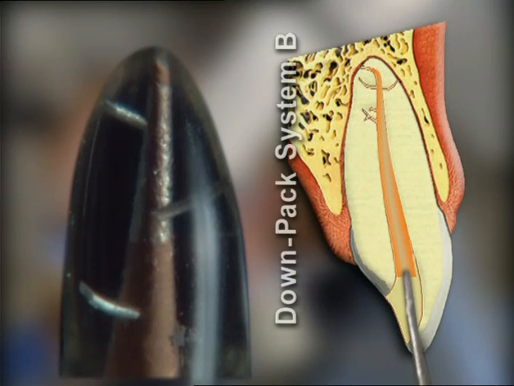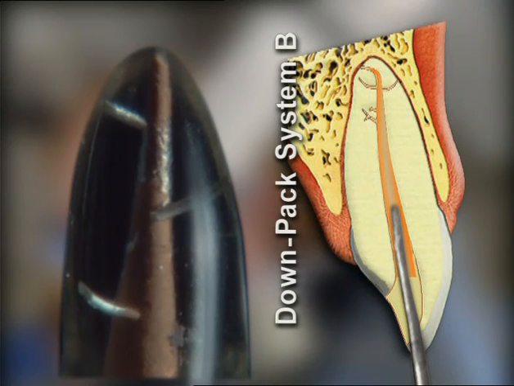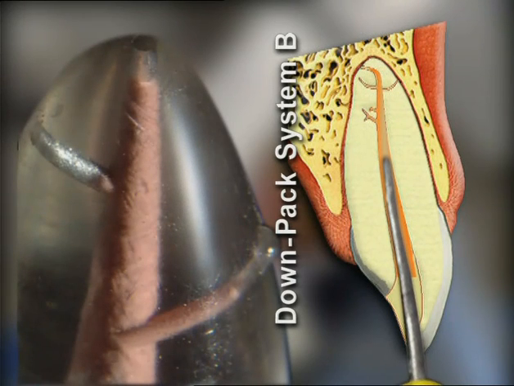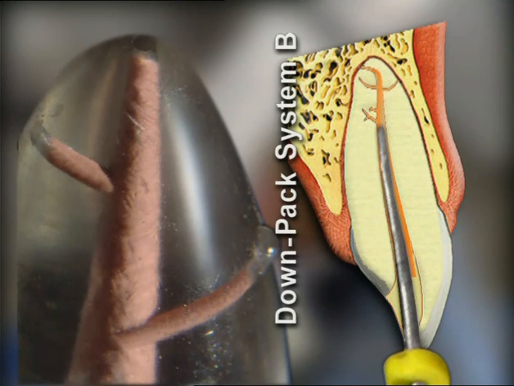On the basis of the physical properties of gutta-percha, the heat penetrates apically about 5 to 7 millimeters deeper than the heat probe or the Buchanan plugger. On the basis of its thermoplastic characteristics at 41 degrees centigrade, it fills and seals areas of complex anatomy.